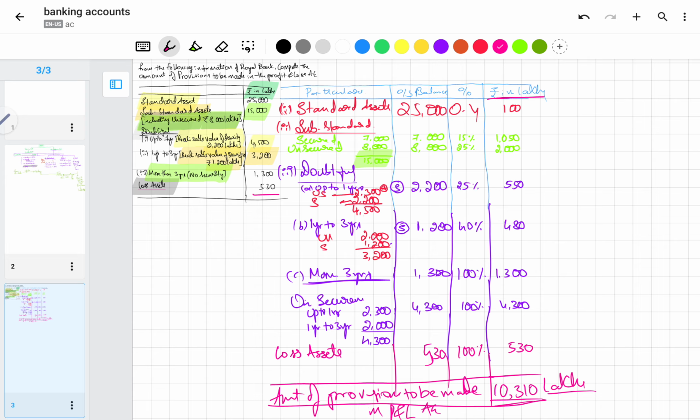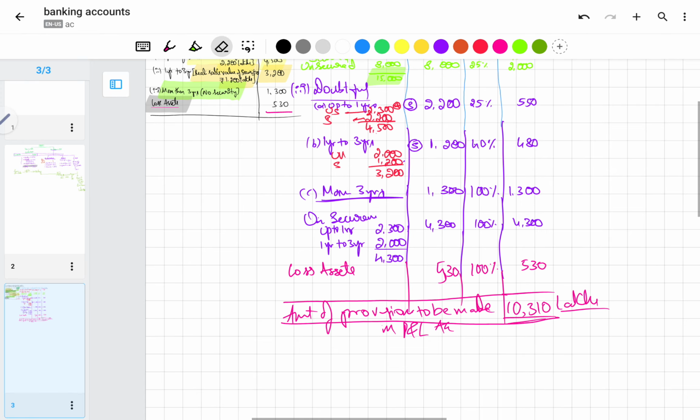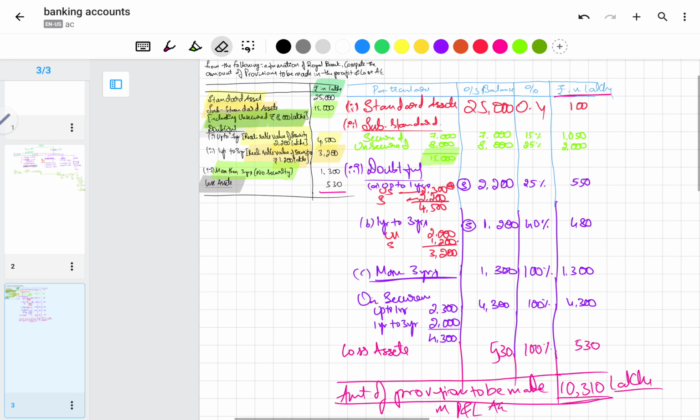If there is opening, then you have to subtract the opening, and then show this as the amount of provision to be made in the P&L account. In this problem, there is no opening provision given, therefore we consider this balance as the amount to be made in the P&L account. With this, we complete this problem. In the next problem, let's meet in the next video.